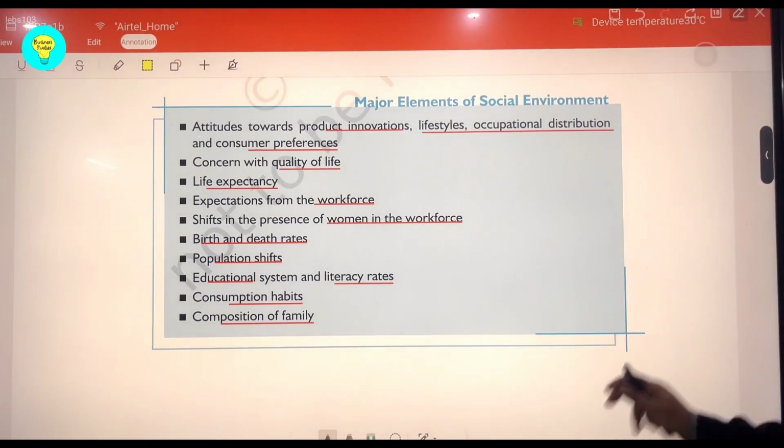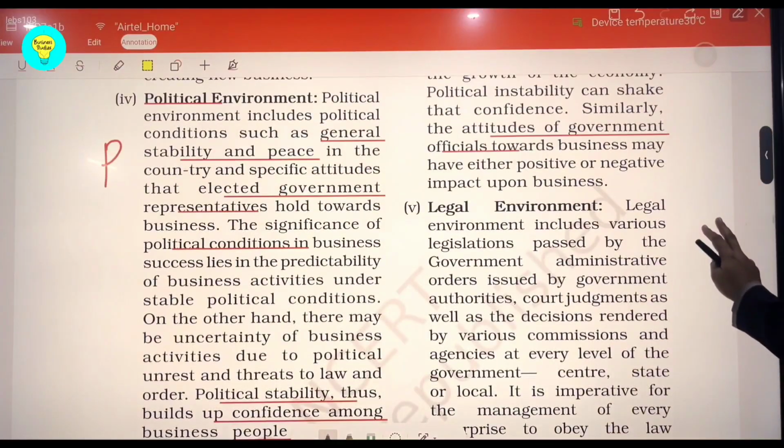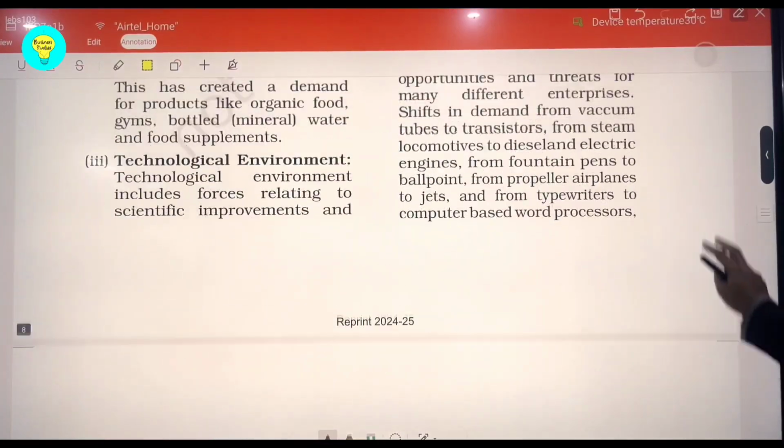So all these points you must take care of whenever you answer a question as social environment. Coming to the next one, we have PESTEL T, that is technological environment.